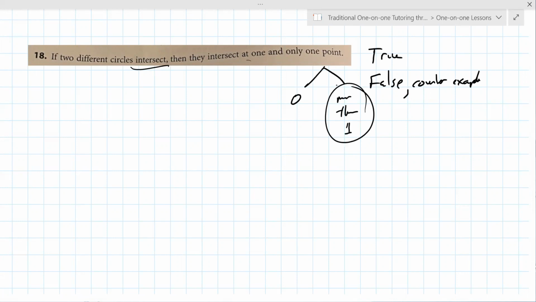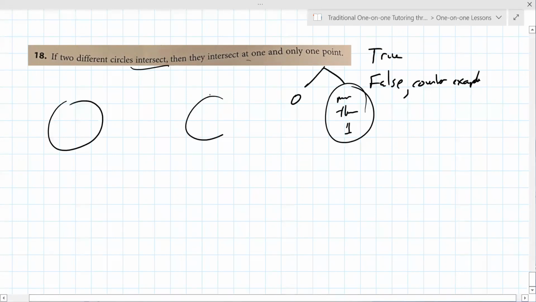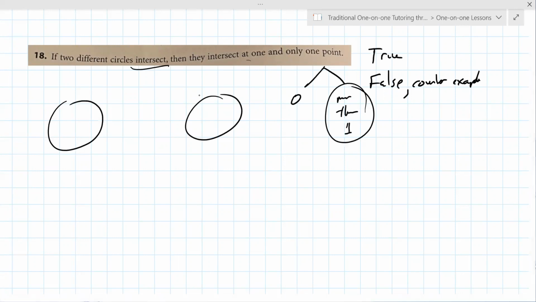So am I going to make a line segment inside the circle? Nope, it's two circles. Circle one, circle two. They have to intersect. And this is only one and only point. I mean, I guess where they hit the vertex, I'm not sure.